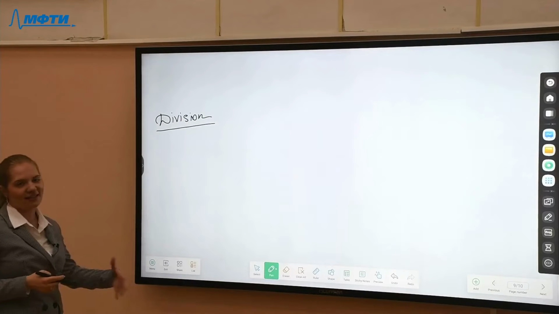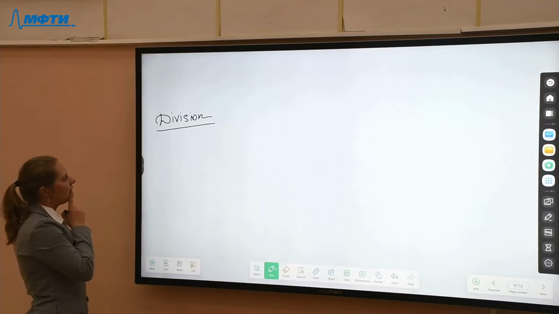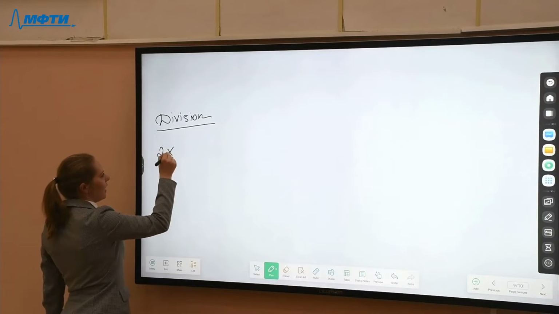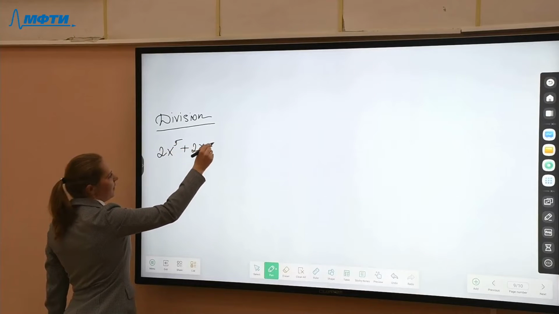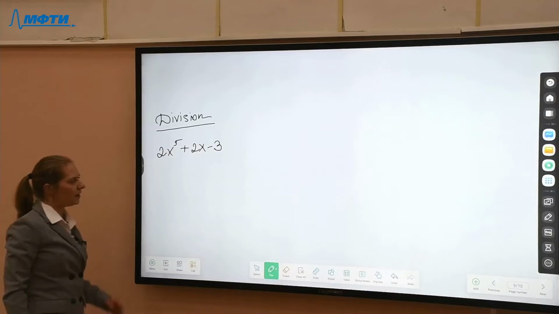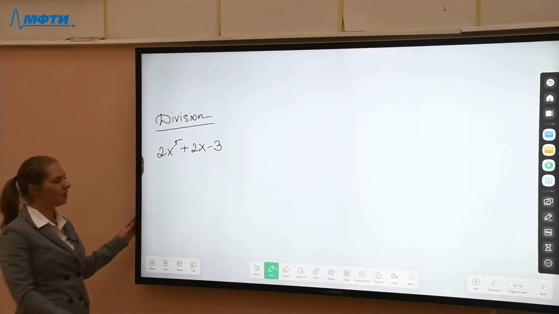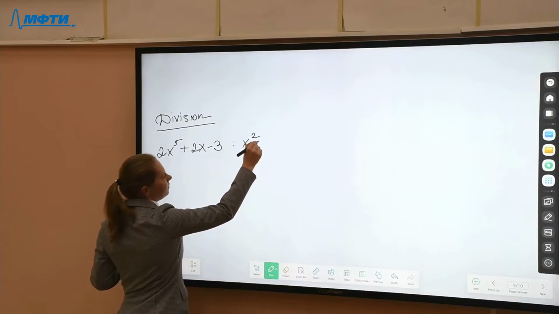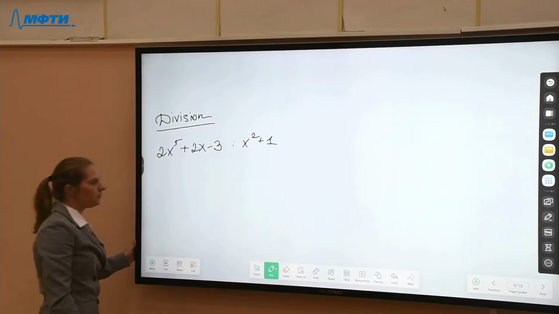Let's consider an example. Let's take the polynomial 2x to the power of 5 plus 5x minus 3. And imagine that we need to divide this polynomial by, I don't know, x squared plus 1. So we need to find this ratio.